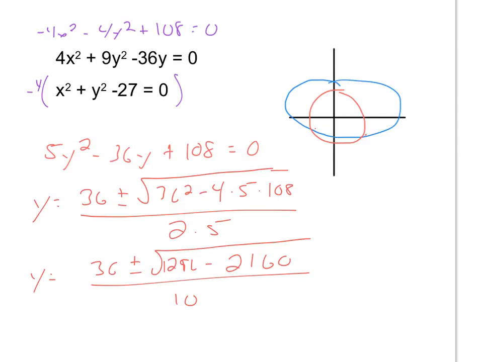So therefore, there's no solution to our system because y has no real answer, which means now, if we think about what was going on in our system, I can probably draw another little graph down here. Our circle, I believe, was too little to fit inside our ellipse.